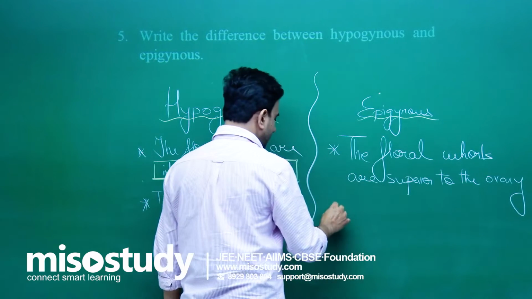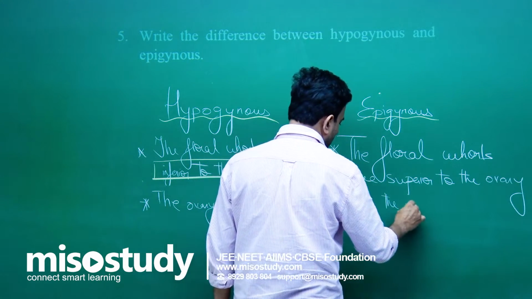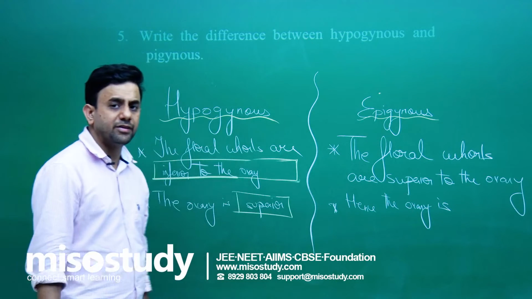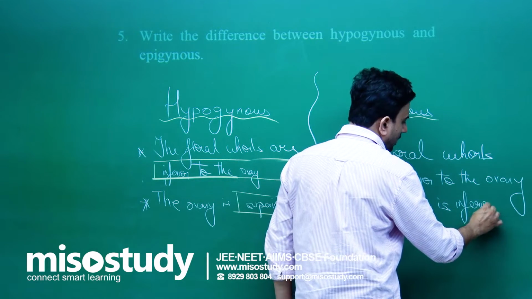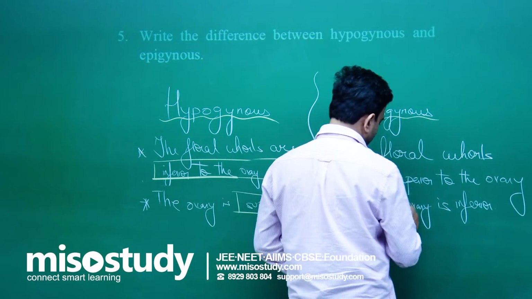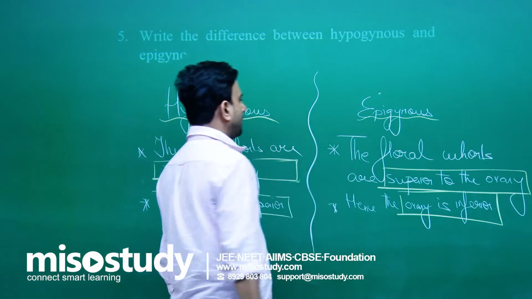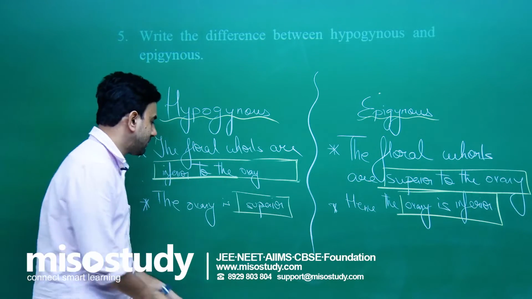That is, the ovary is inferior in these conditions. The hypogynous and the epigynous.